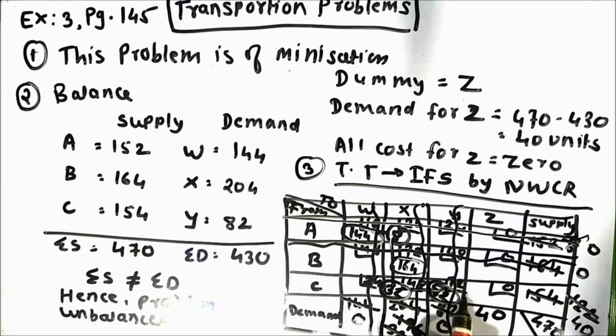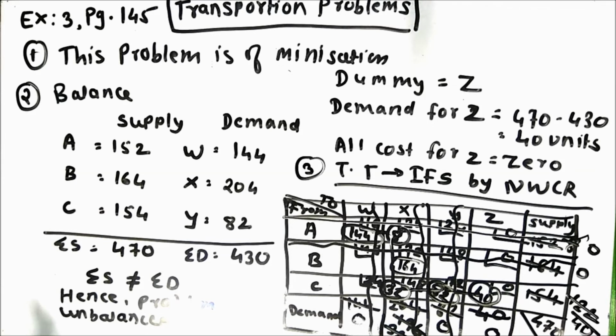Now in the last cell, the demand side is 40 and the supply side is also 40. So let me write 40 as it is tallied. So supply side it will be 0 and demand side it will be 0. Now that means our solution is solved.